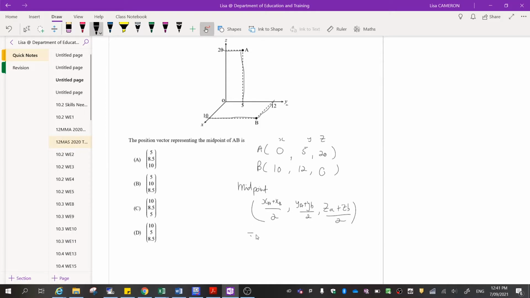Okay, and so when I do that, 0 plus 10 makes 10 divided by 2 makes 5. 5 plus 12 makes 17 divided by 2 makes 8.5. 20 plus 0 makes 20 divided by 2 makes 10. So I'm looking for the one that has x, y, z. Wham, bam, thank you, ma'am. That's it right there.